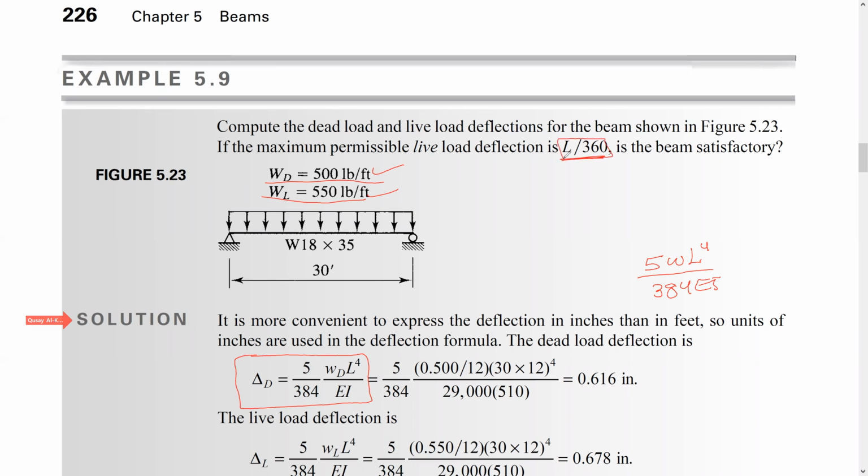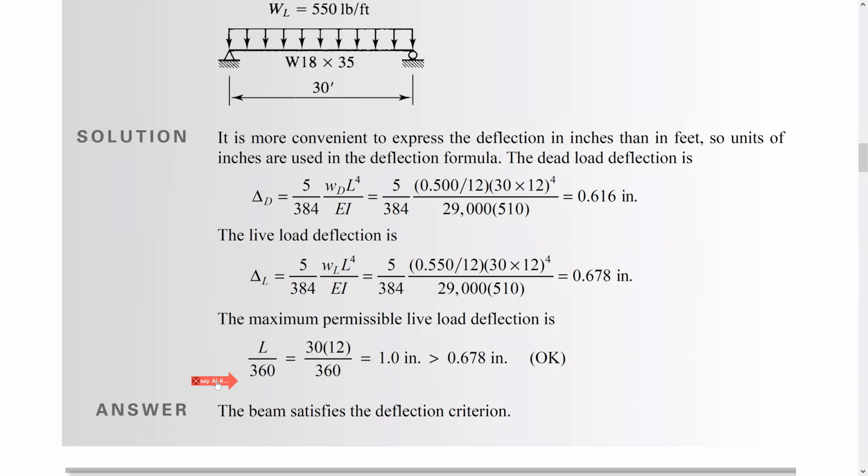Okay. So if you look here for the dead load, it's 5 times the distributed dead load, which is 0.5 kips per foot.